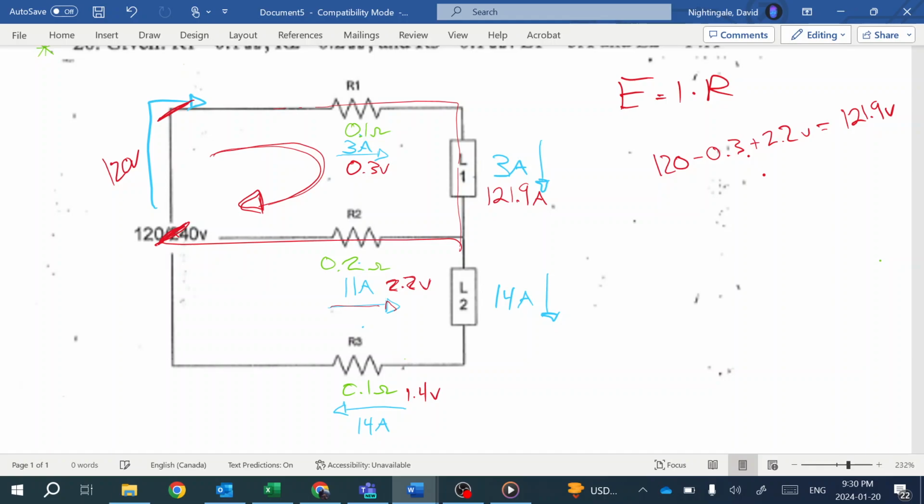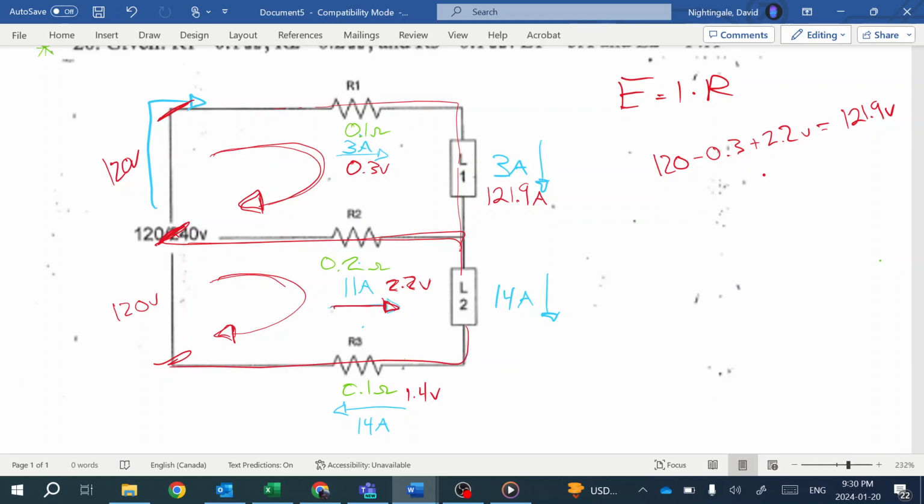Down here between this point and this point, that's also going to be 120 volts, and that must also equal, tracing around our Kirchhoff's voltage loop here. In this case, we're going to have a 2.2 volt drop because our loop here is going in the same direction as our current.